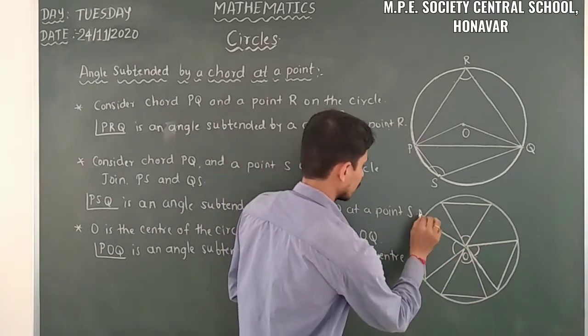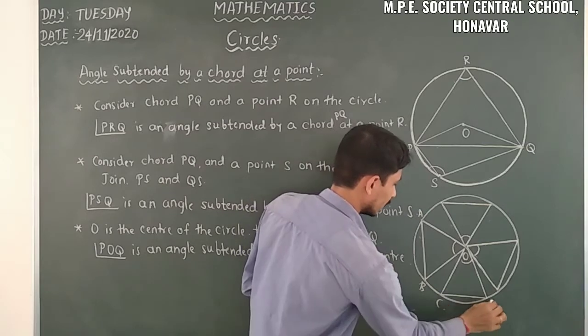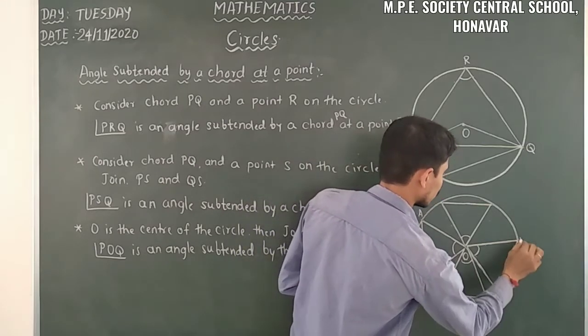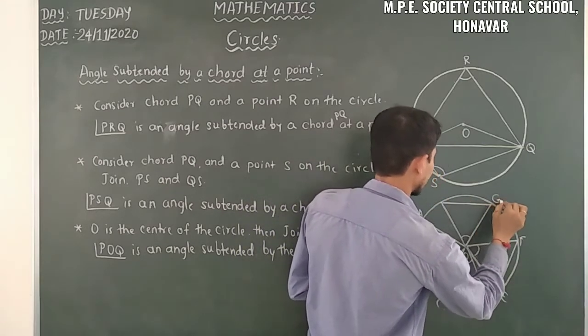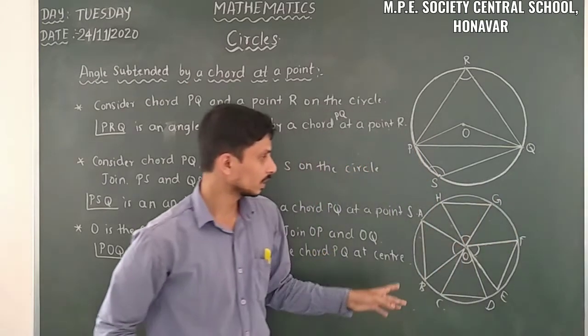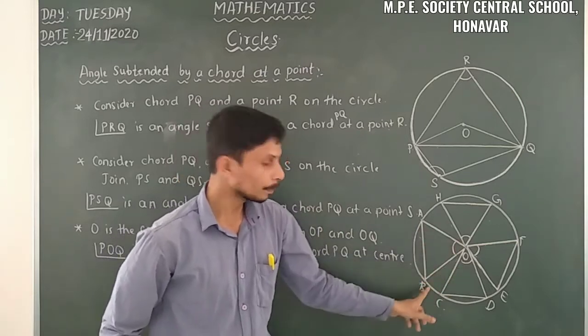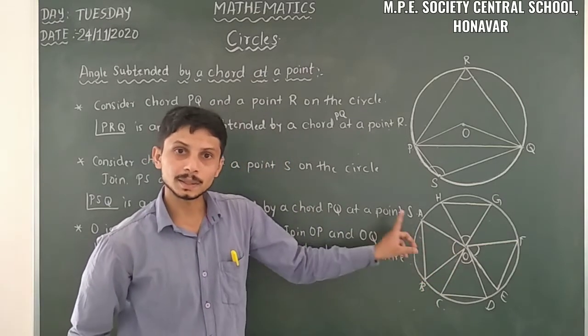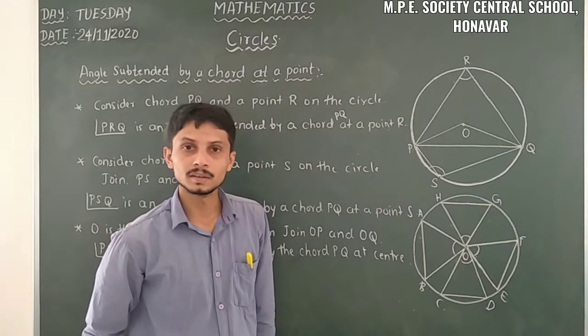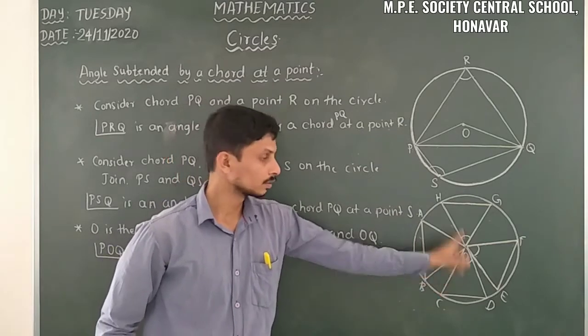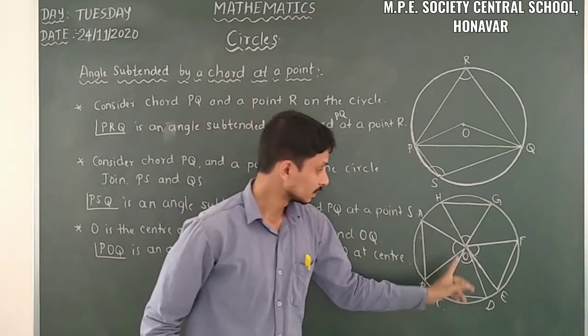I will take chords AB, CD, EF, GH. Here AOB is an angle subtended by the chord AB at the center.